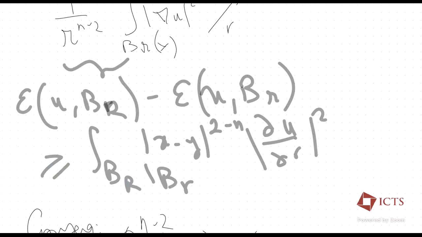If this term is vanishing, this means that you are zero homogeneous.